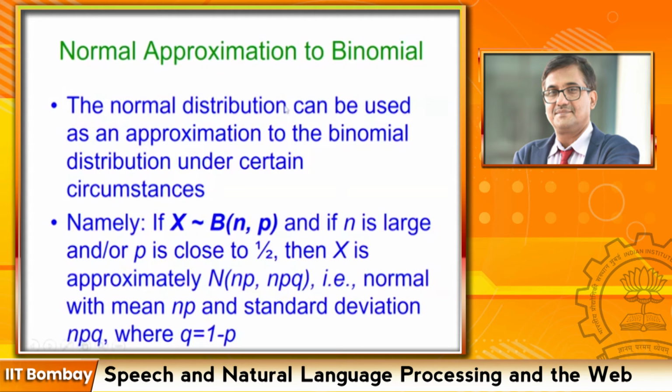But binomial distribution can be approximated by normal distribution. When n, the number of trials, is large and the probability of head p is close to half, then this is approximated by a normal distribution whose mean is np and standard deviation is sqrt(npq), q being 1 minus p.